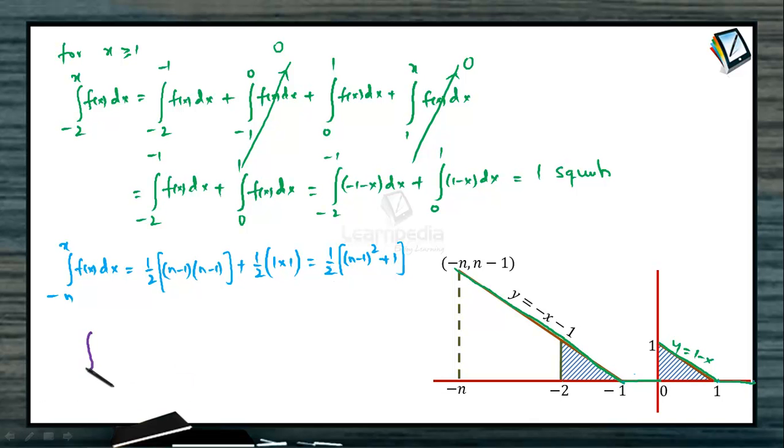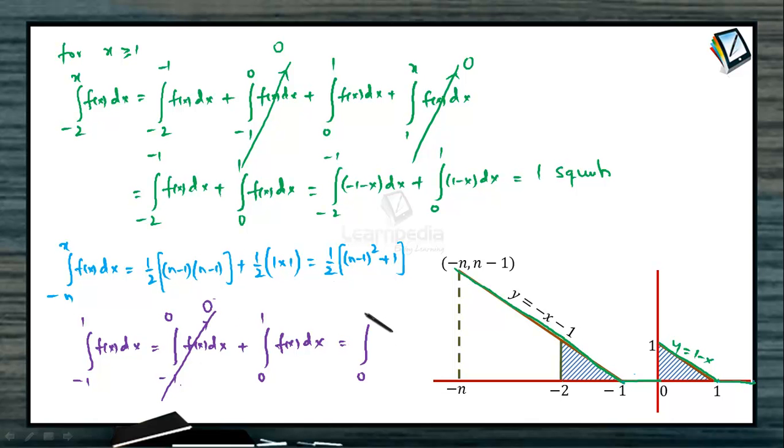Now when we wanted to calculate integral minus 1 to 1 of f of x dx, we split this into two parts: integral minus 1 to 0 of f of x dx plus integral 0 to 1 of f of x dx.